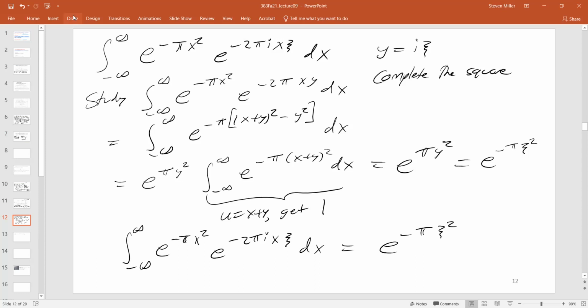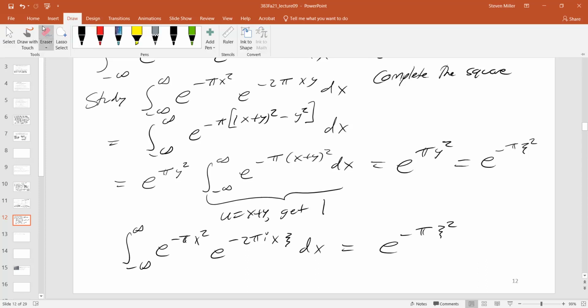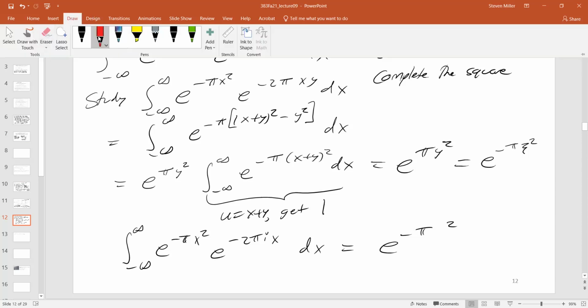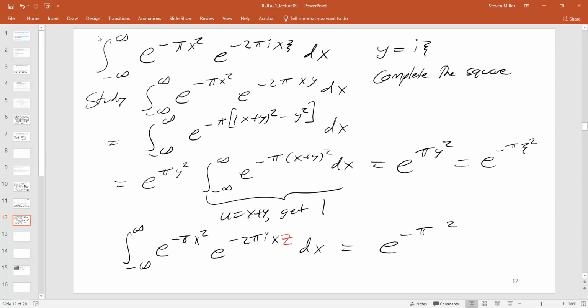And if you want, do I have to use the letter c, or can I use any letter that I want? Can I change letters? Let me put in the letter z. So what I've shown, this is true if z is what kind of number?